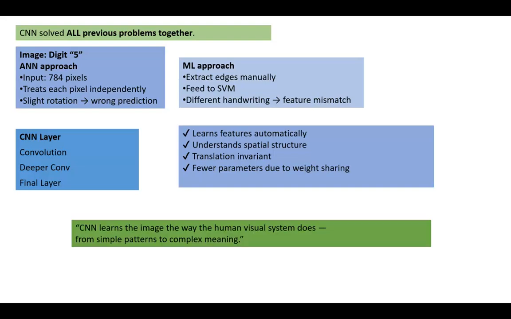These make CNN so robust, and it solves all the previous problems mentioned with the traditional machine learning approach and the neural network approach. The CNN learns the image the way the human visual system does. Golden rule: from simple patterns to complex meanings.